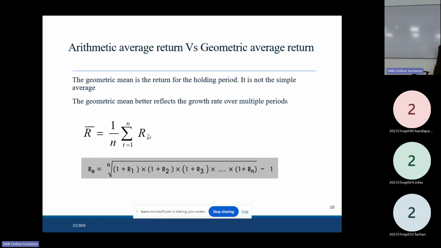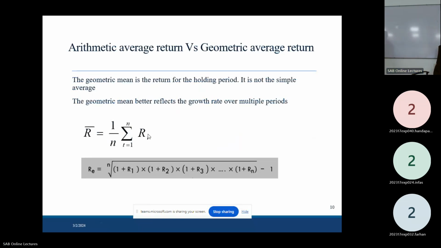When we calculate the geometric mean, it better reflects the growth rate over multiple periods. So the reinvestment assumption is implied.